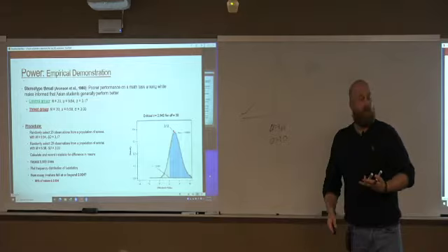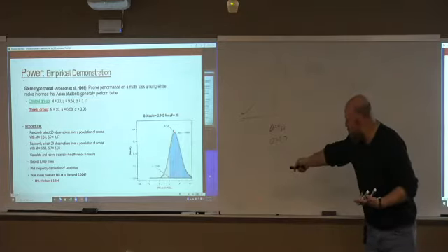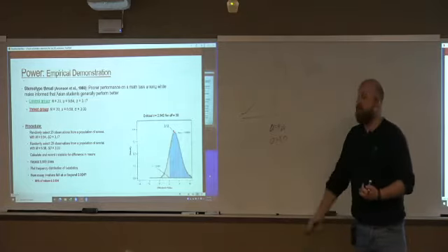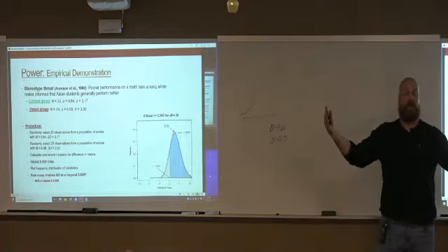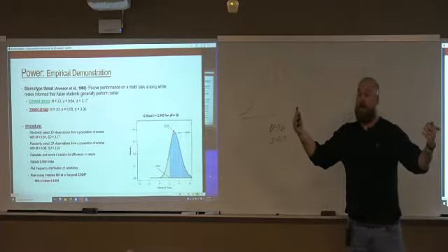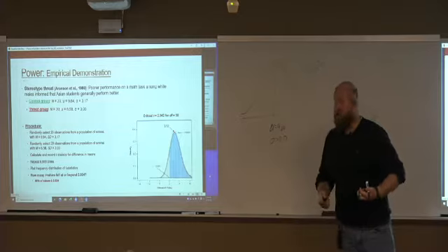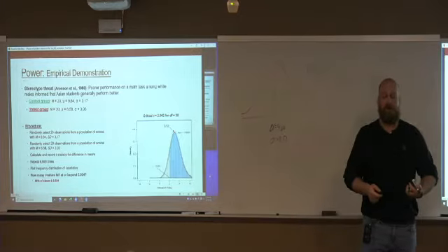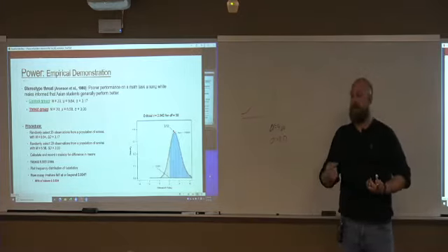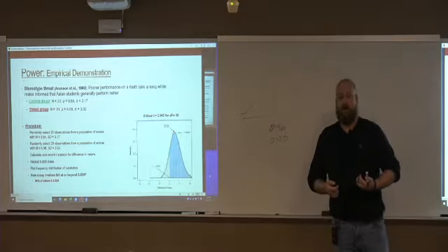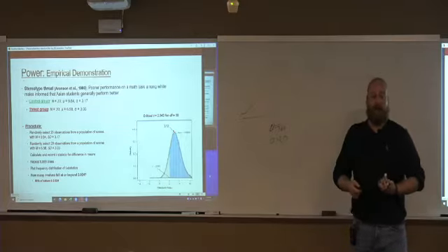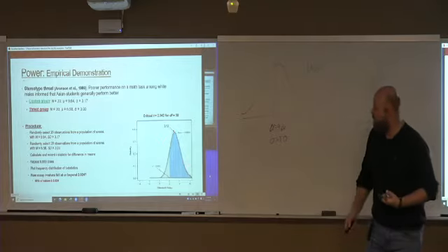And so the remainder is not. So these are still coming from two populations that are different. There is a difference there. But about 15%, 14% of those samples are going to fail to reject the null just because of random sort of stuff, right? So in this case, Allison, in this example, what is my power here?